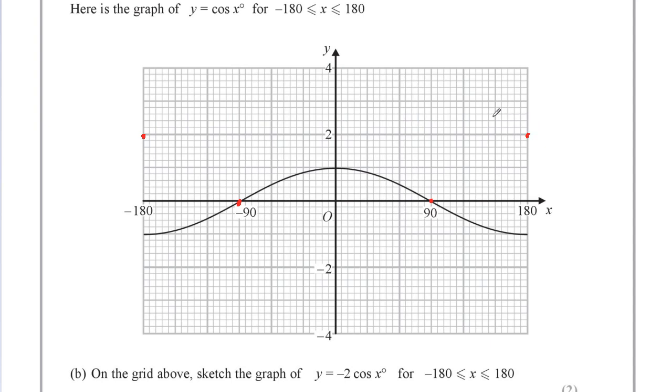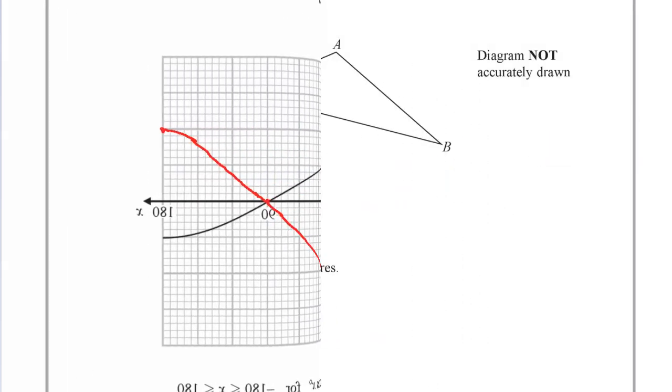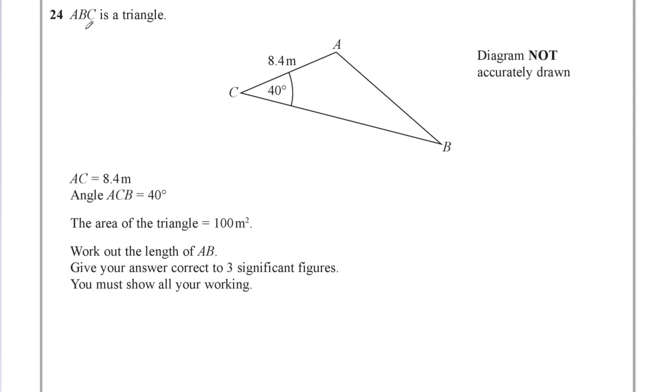And one more point, positive 1 multiplied by minus 2 becomes minus 2. So we mark that as well. All we then need to do is sketch the graph. And that's that. Done.